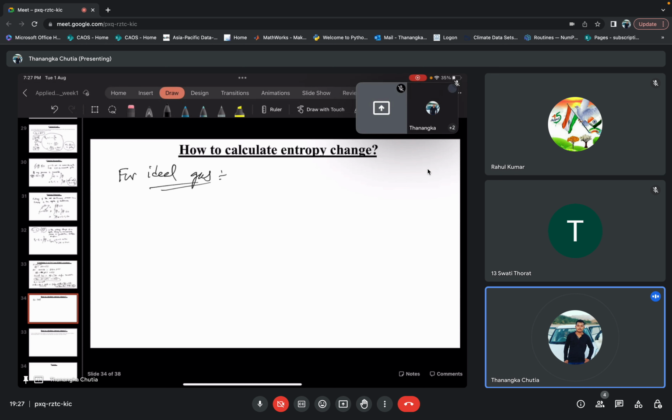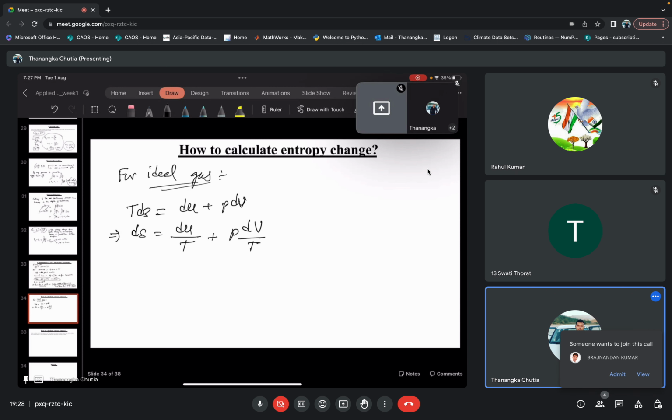Okay, so for an ideal gas, we can change the T dS equation: T dS = dU + P dV. So that means dS = dU/T + P dV/T.